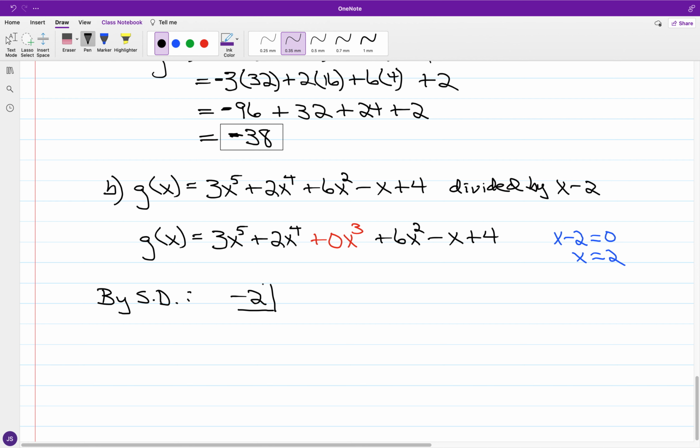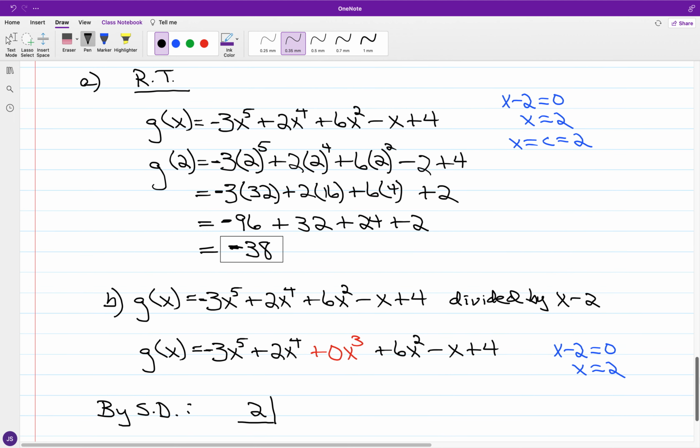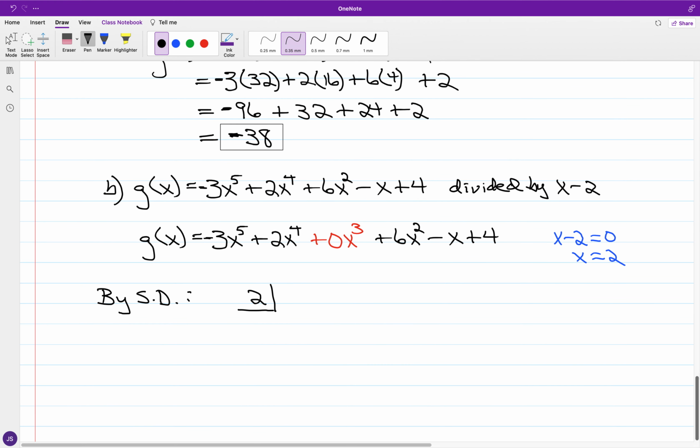Trying to get my negatives and positives right: x minus 2 equal to 0, so 2 is the zero. Making sure I've got this set up, yep, negative 3 for x to the 5th, 2 for x to the 4th, 0 for the cubic term, 6 for the square, negative 1 for negative x, and 4 at the end.